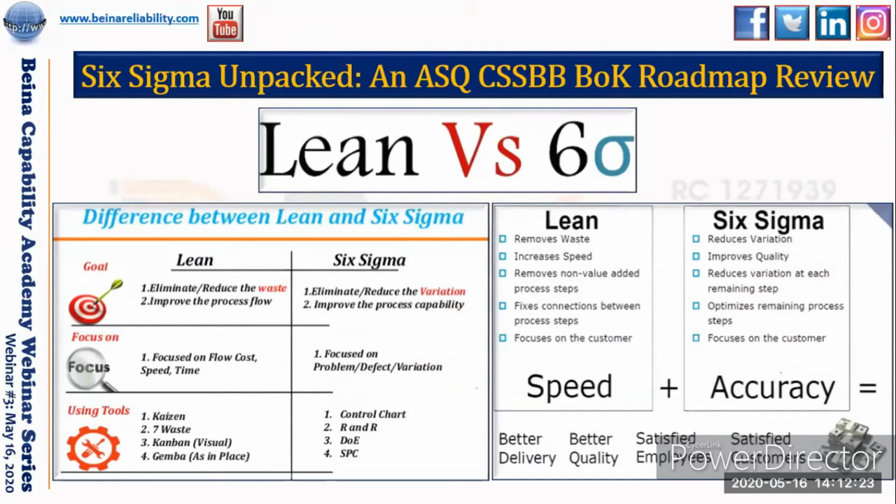Also, just to give a much closer view into the difference. If you look at the goal of Lean, as earlier explained, it is to reduce waste and improve the process flow. But Six Sigma wants to reduce variation. It wants to improve the capability of the system.